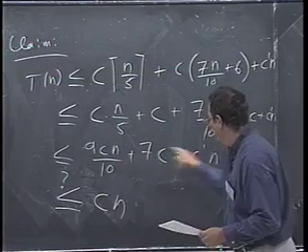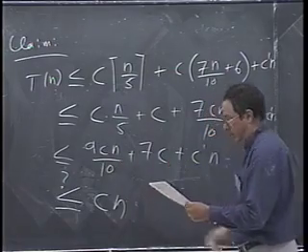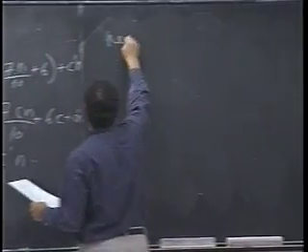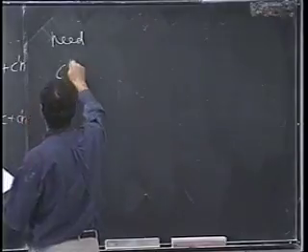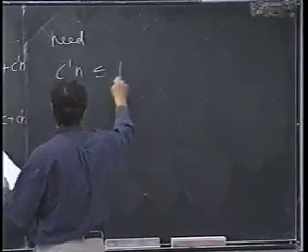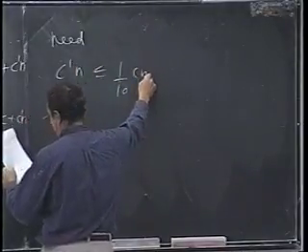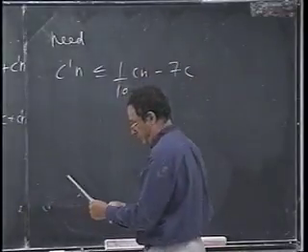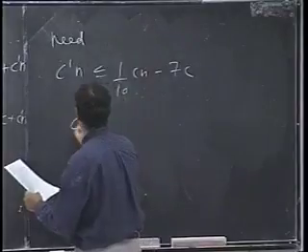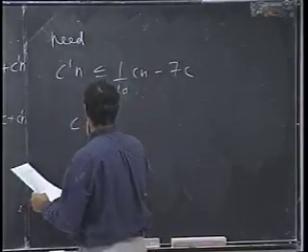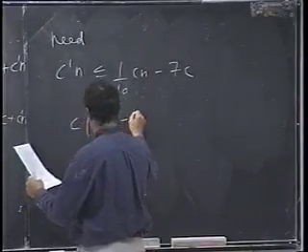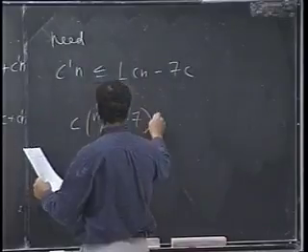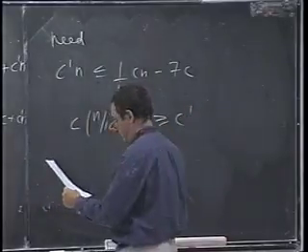So if we want this to be true, then we need C prime n less than or equal to 1/10 Cn minus 7C. Or, according to my notes, Cn over 10 minus 7 greater than or equal to C prime.